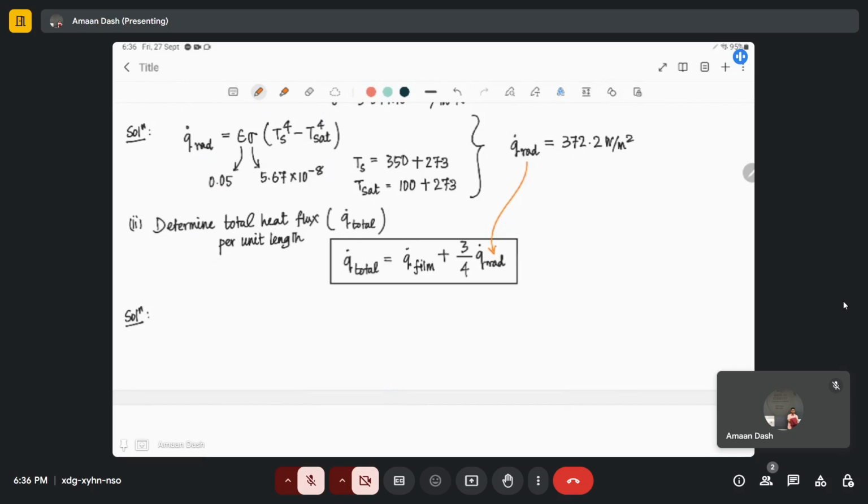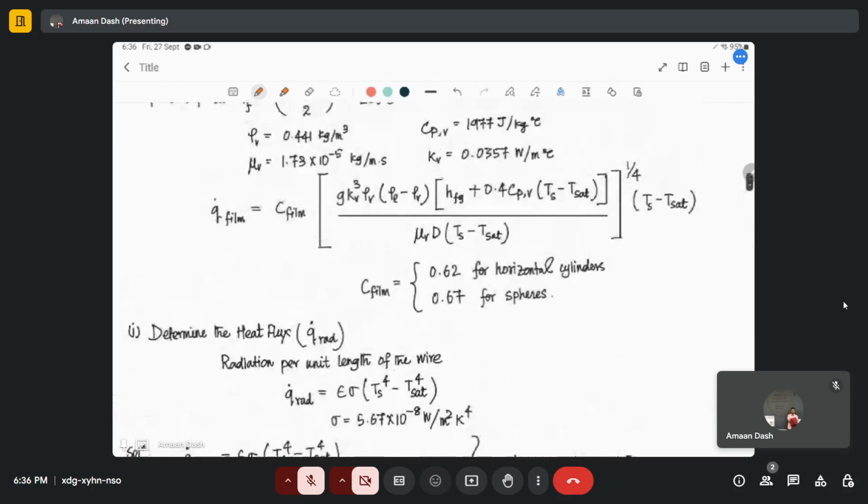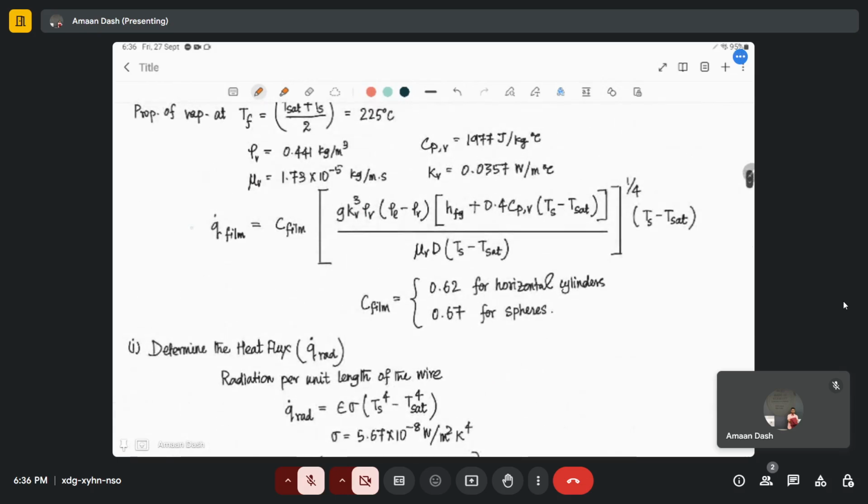But this Q film, we don't know. So we have to obtain this Q film, and to get it, we can use this particular expression for Q film, right?